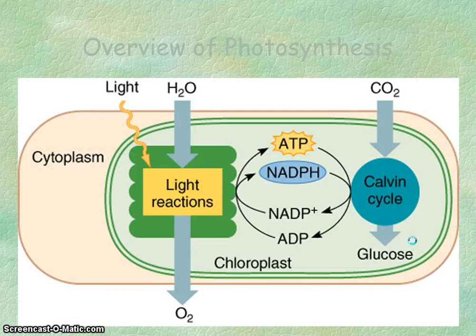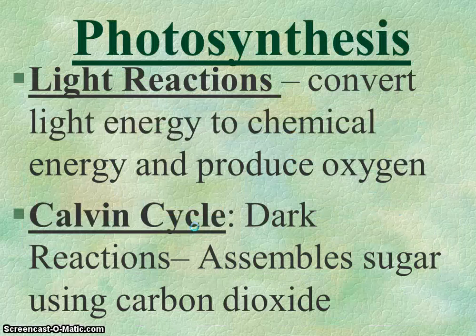Okay, so photosynthesis is broken down into two parts. We have the light reactions and we have what we call the dark reactions or the Calvin cycle. And it's called the Calvin cycle because Melvin Calvin was the man who figured it out. It was often called the dark reactions because we do not need sunlight. Sunlight is only needed in the first part, the light reactions.